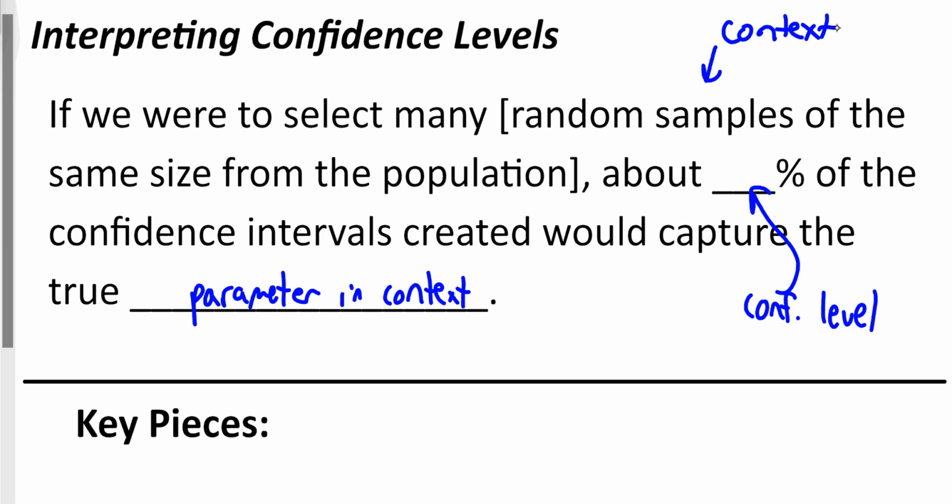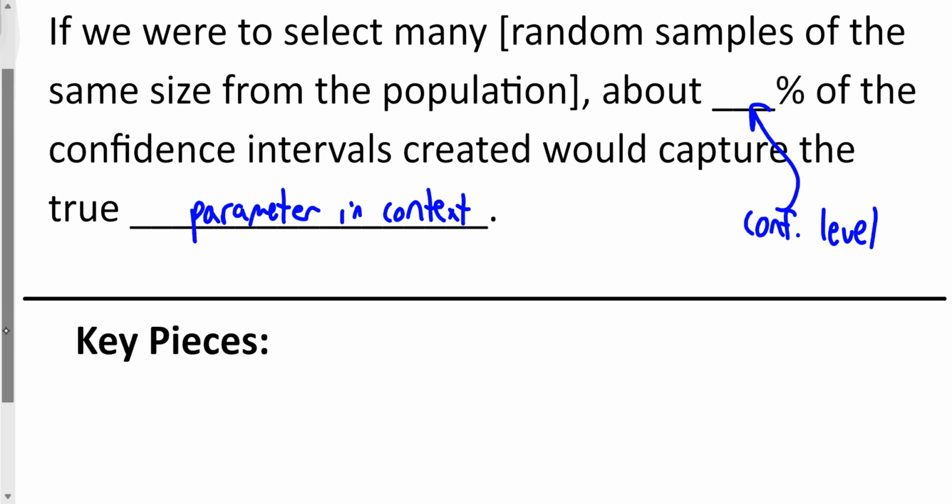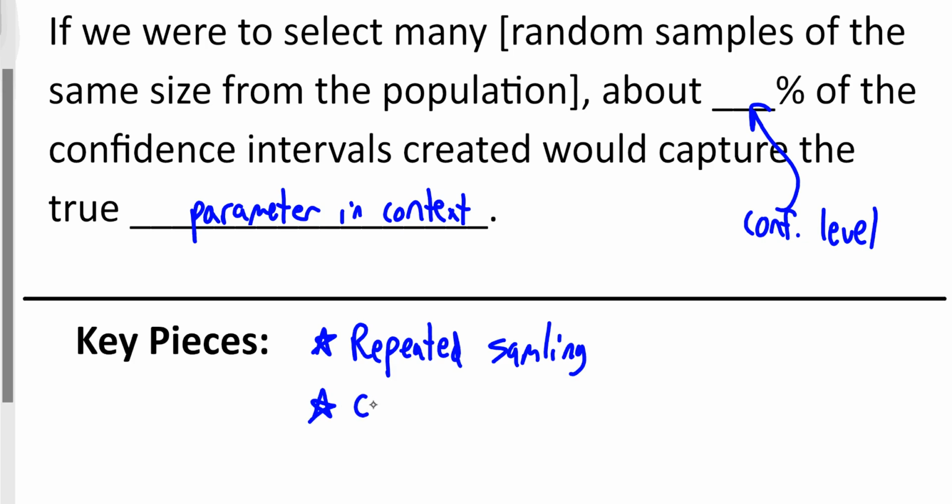So key pieces here. We want to state repeated sampling. That's expected, so somehow that needs to be in there. If we state it like this, if many samples, that needs to be included. Some sort of way to capture the parameter, and then context.